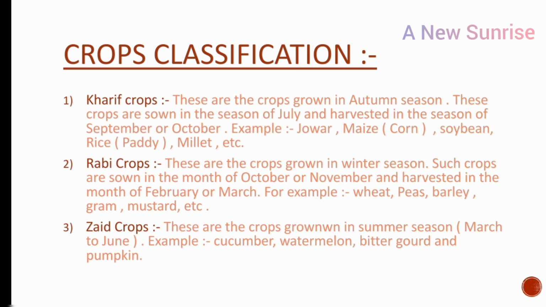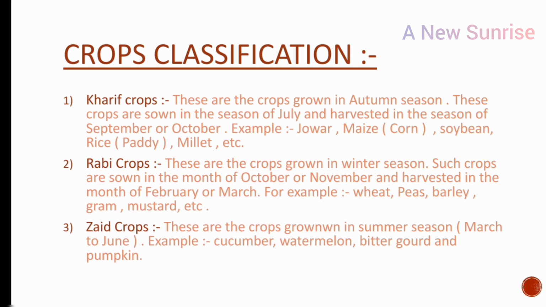These crops are also known as autumn crops, or you can say monsoon crops, because they are grown in those seasons. Some examples of such crops are jowar, maize, or you can say corn, soybean, rice, or you can say paddy, millet, etc.